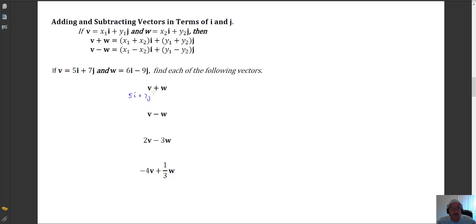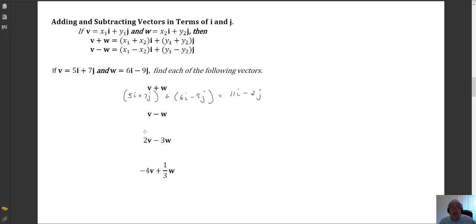So v would be 5i + 7j, and we're going to add w, which would be 6i - 9j. Now I know a lot of students go, why did you even bother putting those parentheses on there? You really don't need them when you're adding because you're just going to collect like terms here, and that would give us 11i - 2j. And it's that easy just to add vectors.